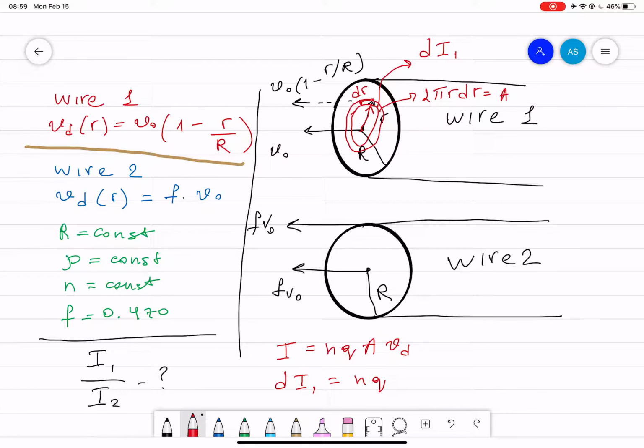So let's plug it in directly: 2 pi r dr. Now our drift speed is changing, right?